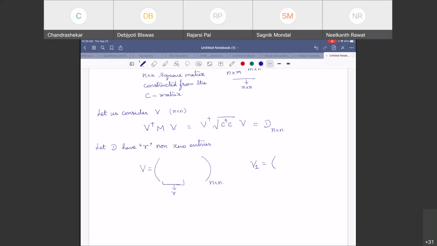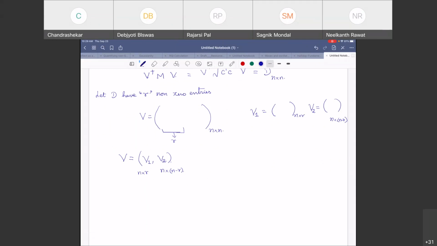This new matrix would be an N cross r matrix. The remaining part of the matrix, which we have not picked up, will be an N cross N minus r matrix. So we have split our unitary matrix into two parts, V1 and V2, where V1 is an N cross r matrix and V2 is an N cross N minus r matrix.